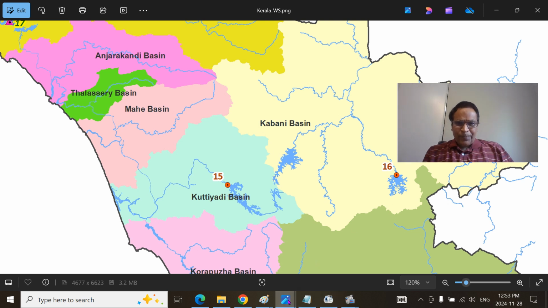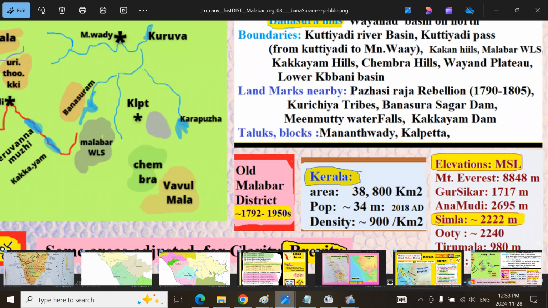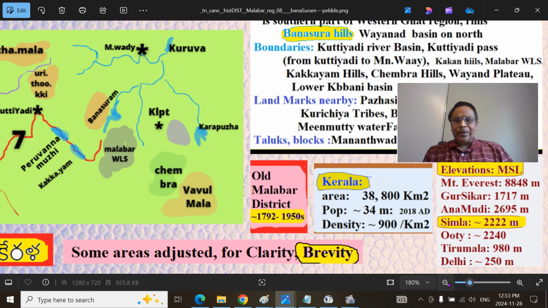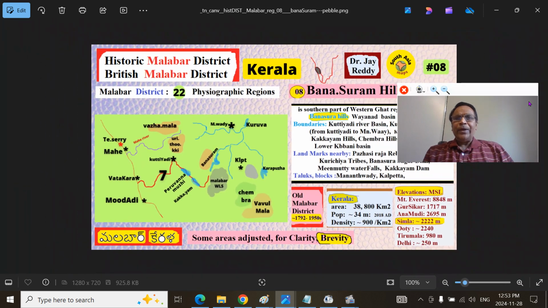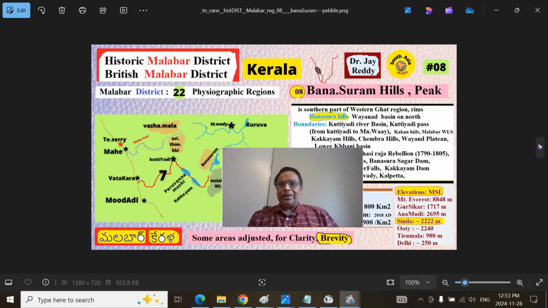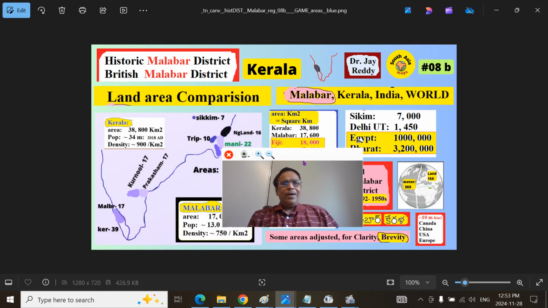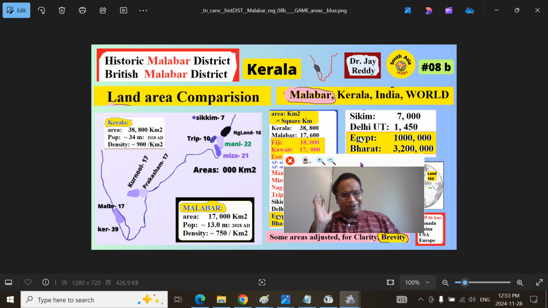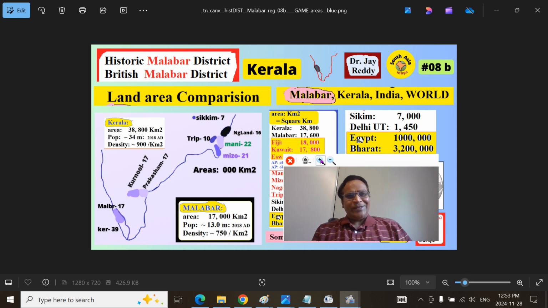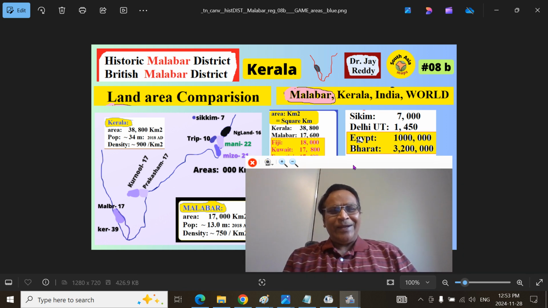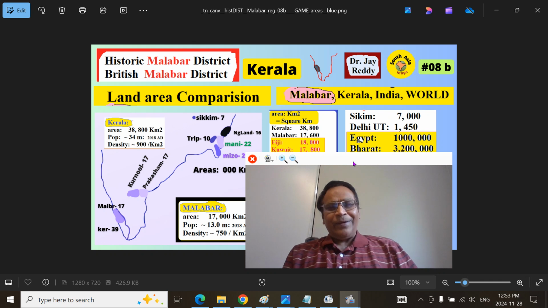Hope, Mitranam, these things will give you a proper perspective. And next presentation, we'll talk about how the Malabar region compares with the Kerala province, certain other geopolitical entities in Bharat, and as well as the outside world. We'll get a very picturesque idea of that.